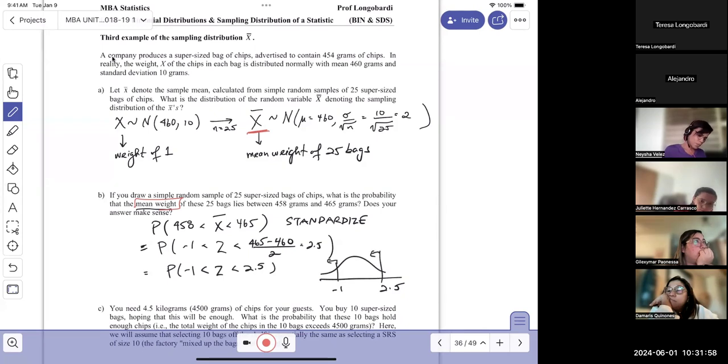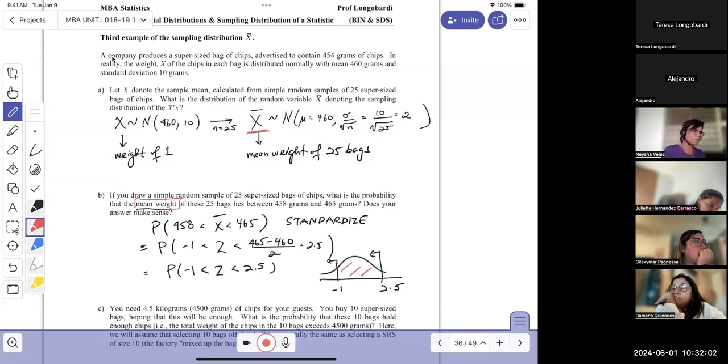So you have to use your talent for the normal distribution to solve these problems. Z less than -1.